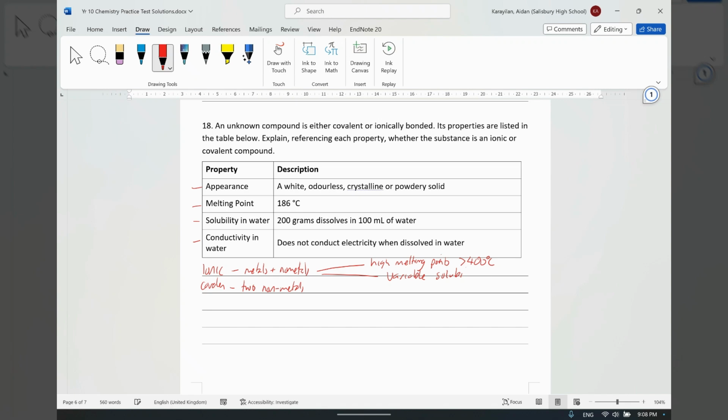So in other words, if a substance's melting point is low, it's evidence towards being covalent. If its boiling point or melting point is high, then it suggests ionic. But remember, it's always a suggestion. It's never a smoking gun. It's never, this means it's definitely this or one way or the other. So the other thing is, if dissolved, ionic conducts electricity.